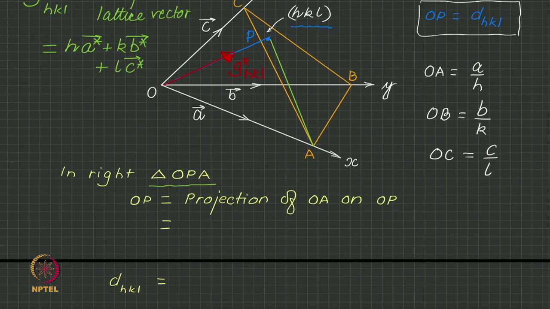Now, since OP is perpendicular to PA, this is our right angle. So, you can say that OP is the projection of OA on OP, in the normal direction.